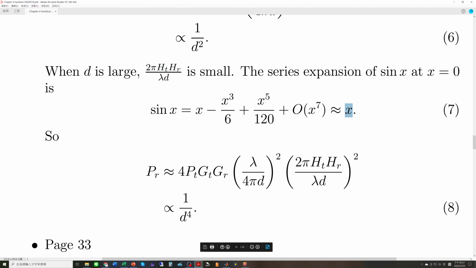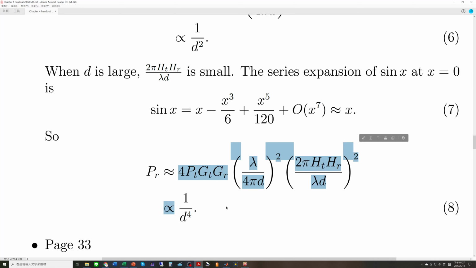So we can see that here is a d squared term in the denominator, and here is also a d squared term in the denominator. So this equation is proportional to 1 over d to the power of 4. So it completes the solution to this problem.